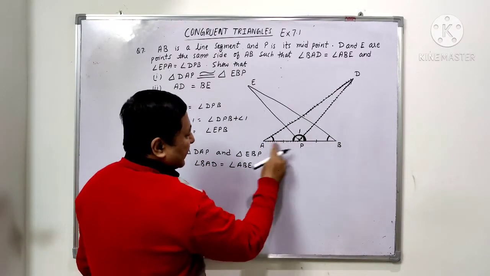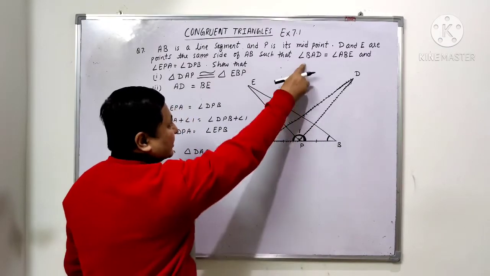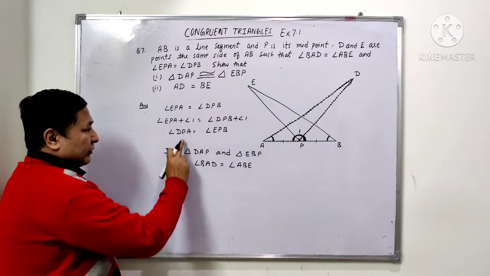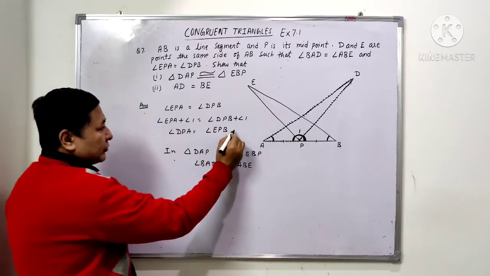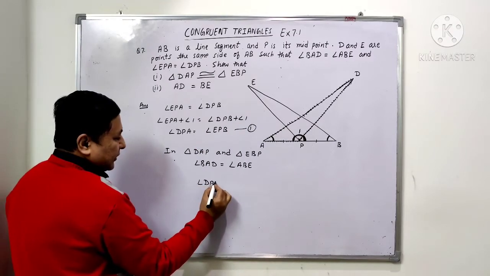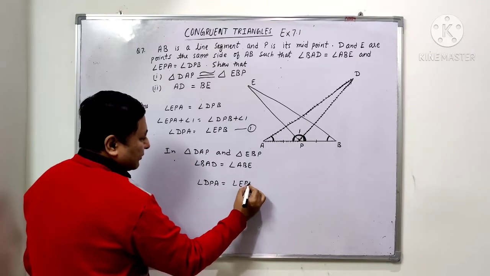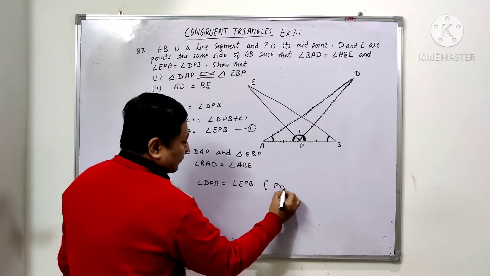This is given in the question. And one more angle we have already proved, which angle? This angle DPA is equal to angle EPB, that we have proved first.